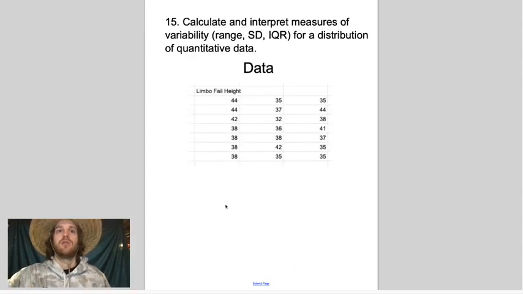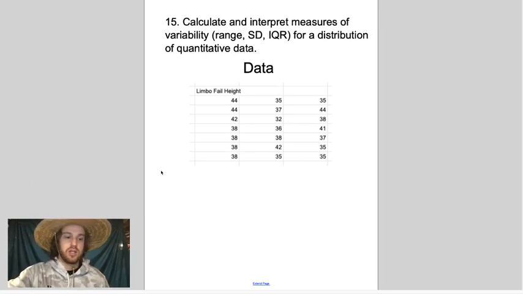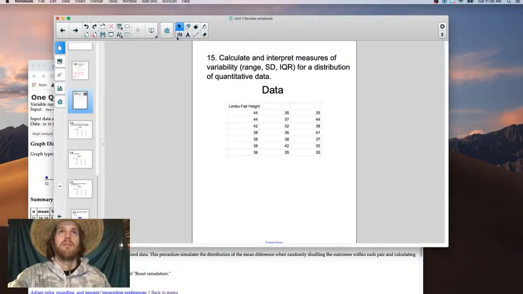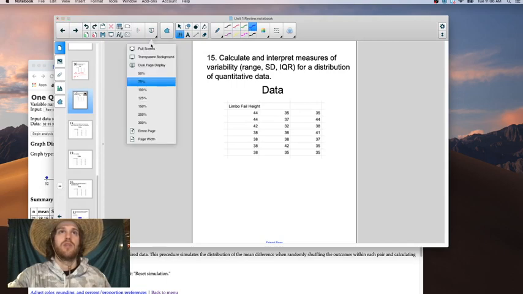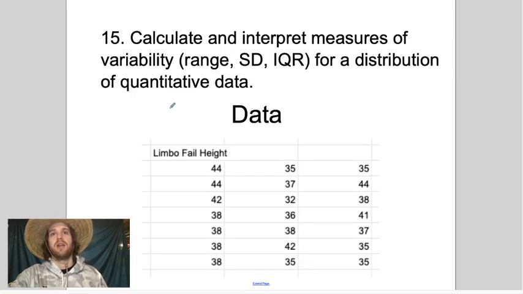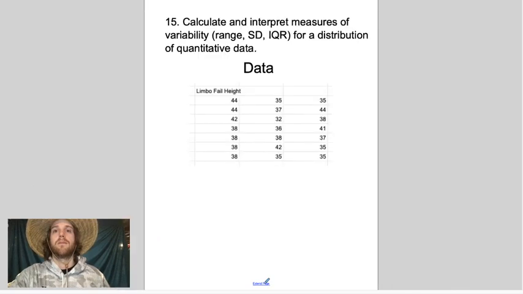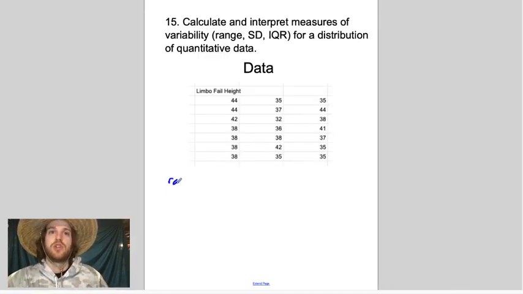All right, so let's do the range first. The range is as simple as the min minus the max, so that's pretty straightforward. I think you guys are probably comfortable with that at this point. Range is max minus the min. Said that backwards.